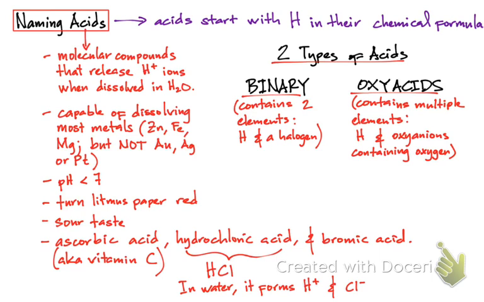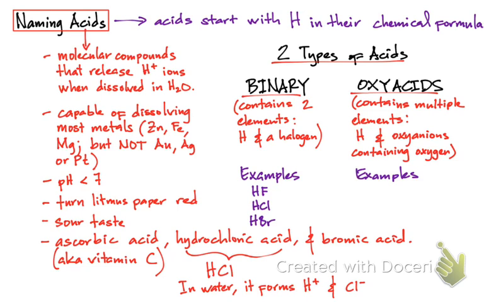So let's focus on the easy one here and learn about how to name binary acids. Here are some examples of these different acids. You have HF, HCl, HBr, HI. As you notice, they only contain 2 different elements, and one of those elements is hydrogen and the other one is a halogen.